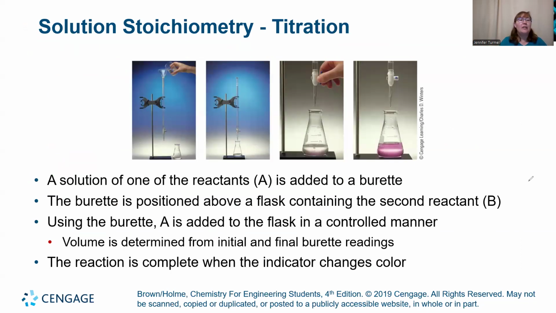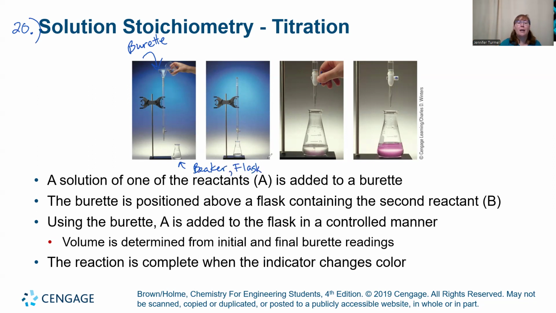Okay, so this is sort of an introduction to titration. Here we have slide 20. Let's take a look at what's going on here. In this first one, we have a burette, this tall piece of glassware. And down here, we have a beaker or an Erlenmeyer flask.